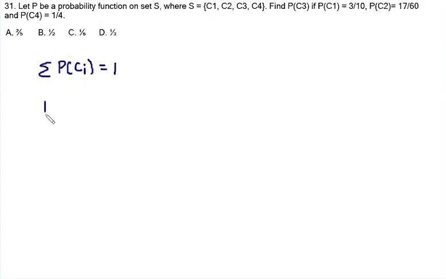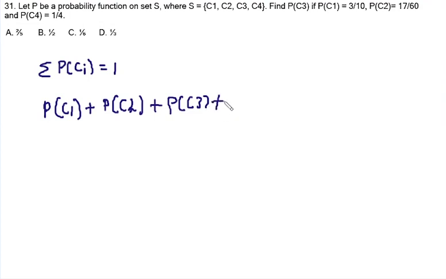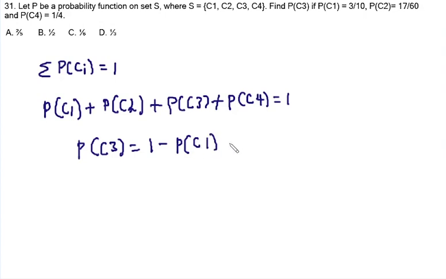This simply means that the probability of C1 occurring plus the probability of C2 occurring plus the probability of C3 occurring plus the probability of C4 occurring is equal to 1. We are asked to find the probability of C3. So the probability of C3 is equal to 1 minus the probability of C1 minus the probability of C2 minus the probability of C4.